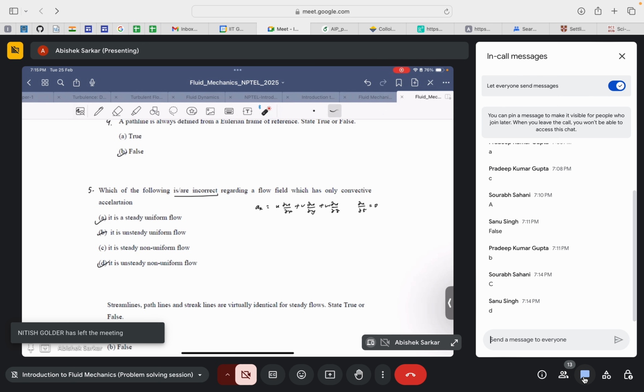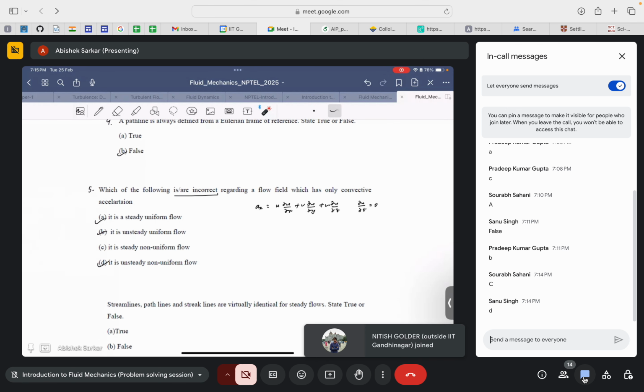The first statement says it is steady and uniform. This might be steady because dou u by dou t, the temporal variation, is 0, but it says the flow has only convective acceleration. The convective acceleration will only be there if the flow is non-uniform, that is, if the properties change with space, so this has to be non-zero.